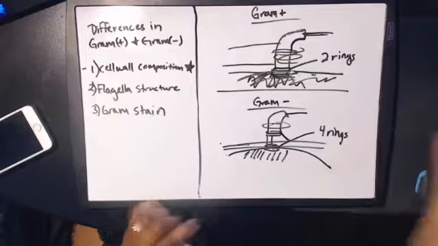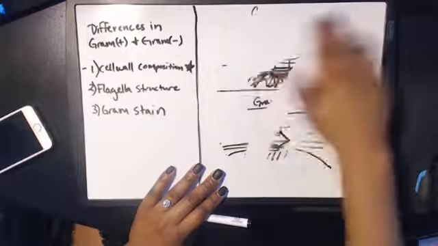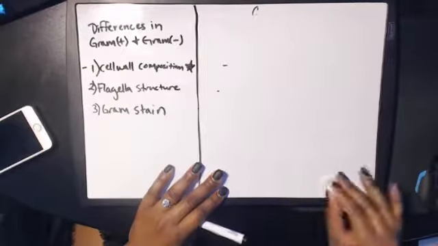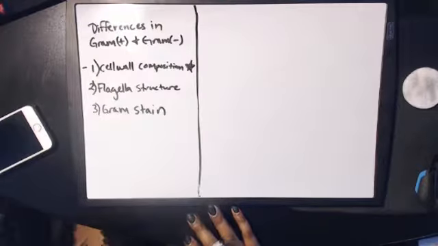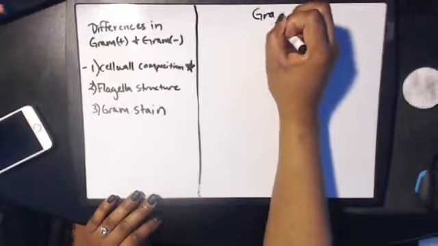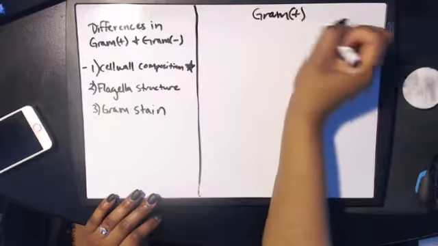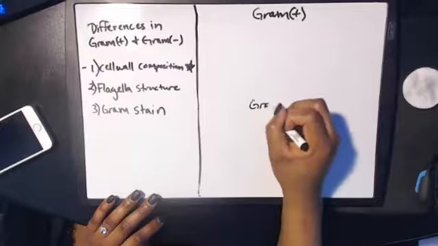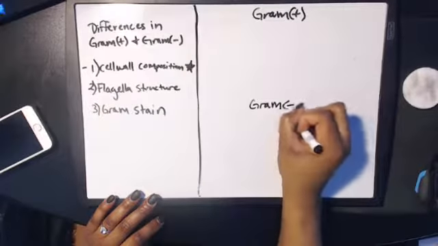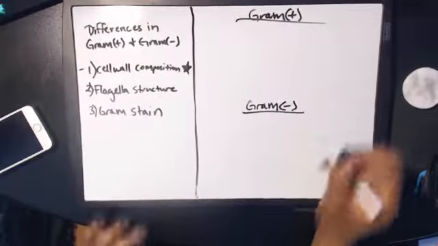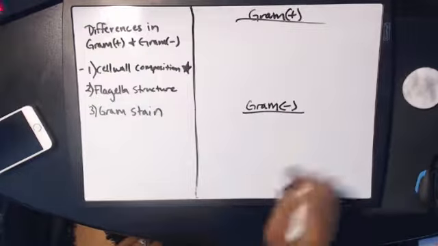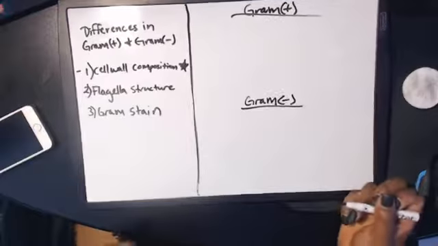Right, and the next difference is the gram stain. Now, in the gram stain, again, it goes back to cell wall composition. Gram-negative and gram-positive have different levels of lipids in the cell wall. So for gram-negative, they have a good amount of lipids in their cell wall, versus a gram-positive, which is 90% peptidoglycan.